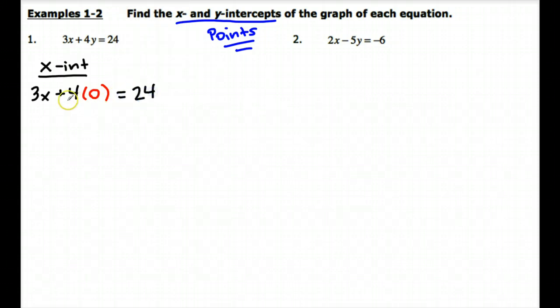Well, 4 times 0 is just 0, so on the left side I get just 3x equals 24. And now I can solve this equation by dividing both sides by 3, and that tells me x equals 8. So that means my x-intercept, where this line crosses the x-axis, is at (8, 0).